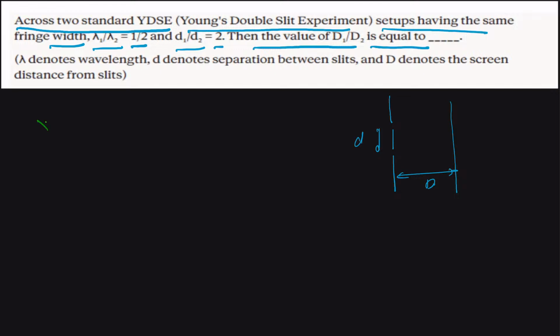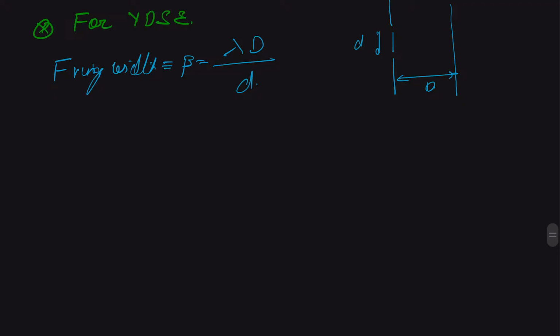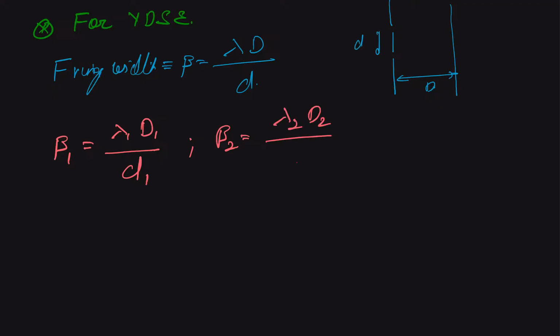So we know that for Young's double slit experiment, the fringe width, that is our beta, is equal to lambda capital D upon small d, and we are having two setups, therefore we can write this beta 1 is equal to lambda 1 D1 upon d1, beta 2 is equal to lambda 2 D2 upon d2.